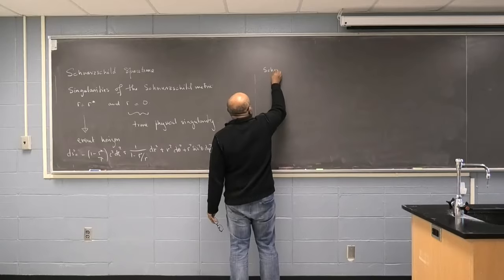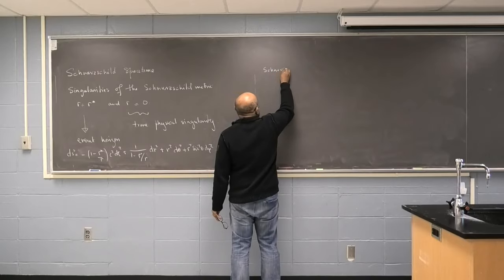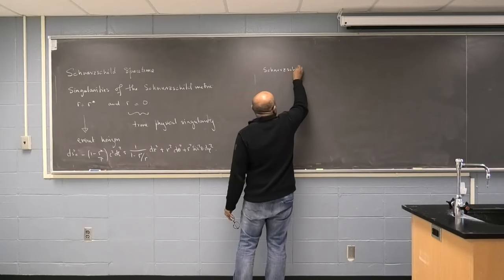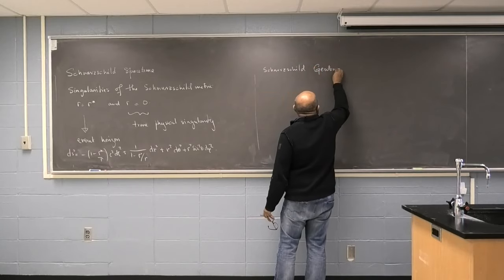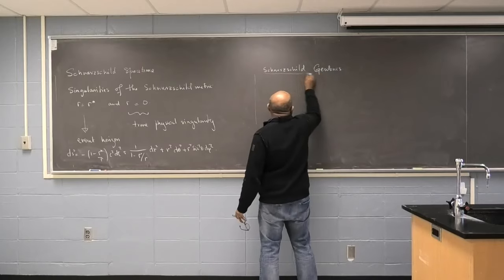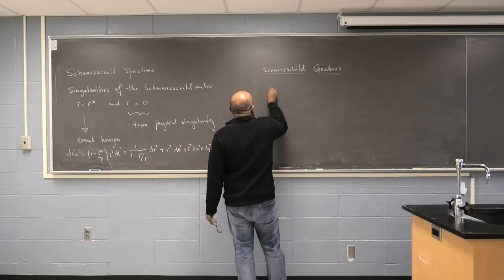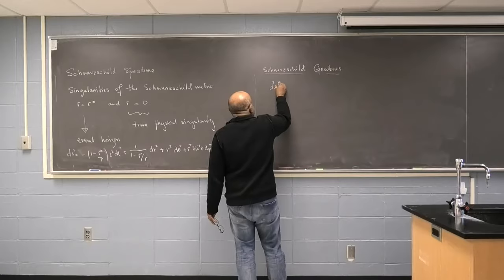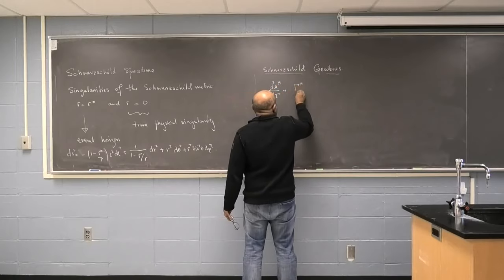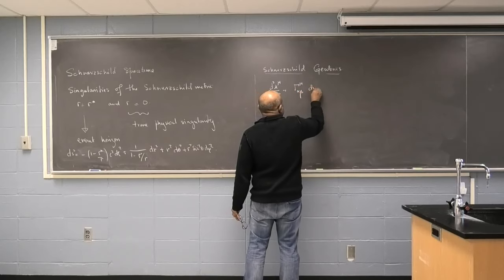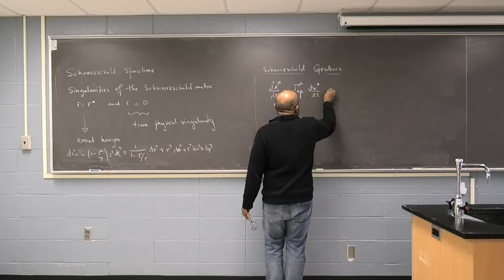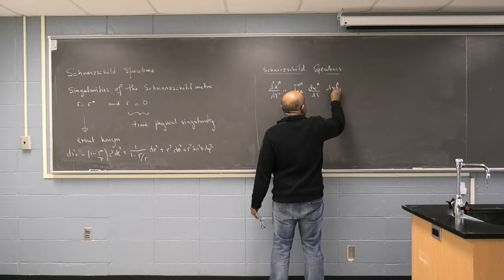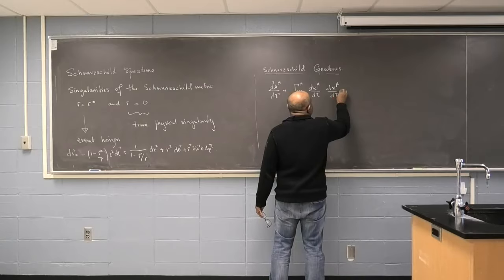In Schwarzschild, this is the geodesic equation of motion: d squared x mu over d tau squared plus gamma mu alpha beta dx alpha over d tau dx beta over d tau equals 0.